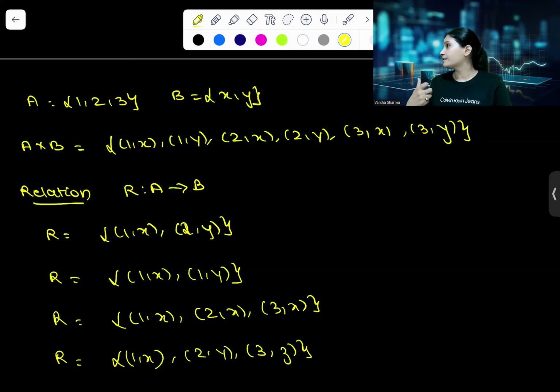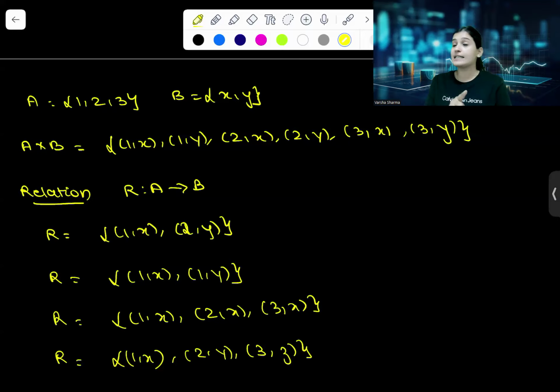In Hindi we say, कोई छूटे ना, किसी को दो मिले ना. None of them should be left. That means none of the elements of the first set, which is A, am I allowed to leave unpaired.